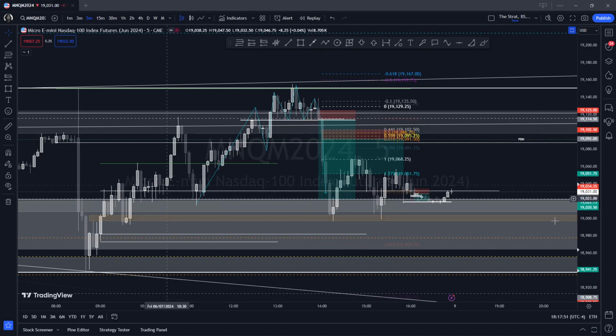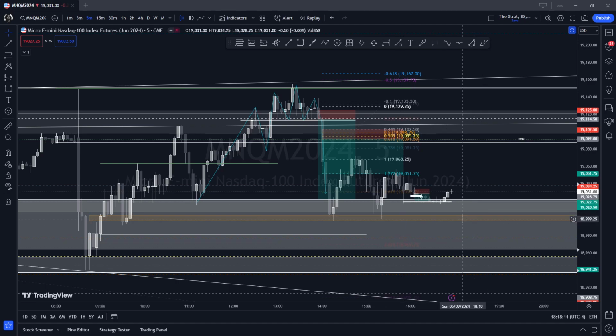But based on my experience and probability from the amount of times that I've been backtesting and doing this, it will either consolidate in this area.